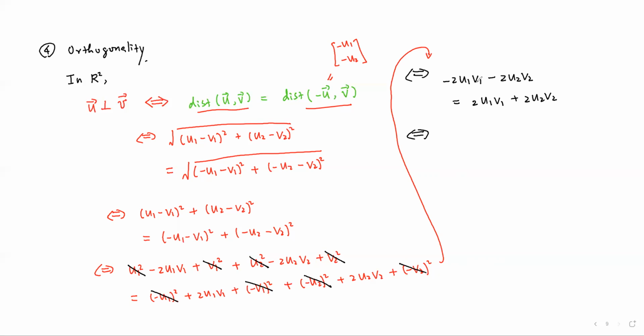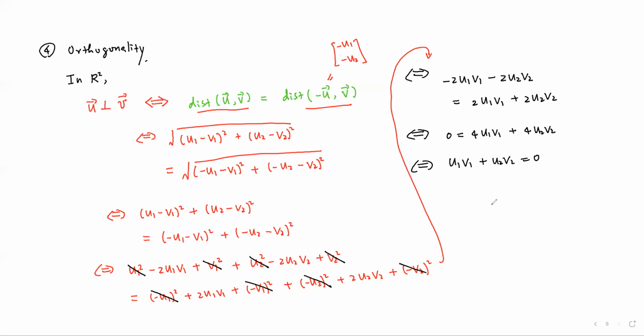Now I move the left side to the right side, so 0 equals 4 u1 v1 plus 4 u2 v2. Divide the equation by 4, and we have u1 v1 plus u2 v2 equals 0.